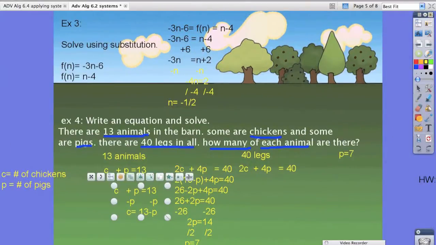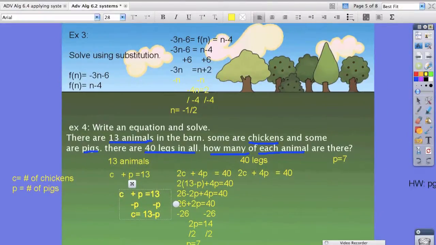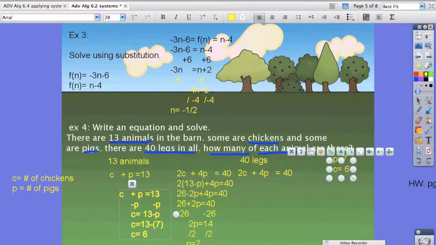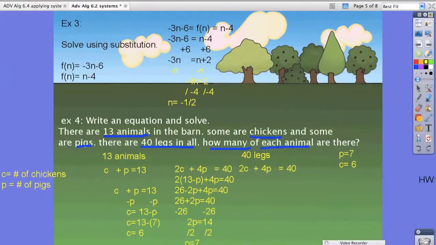And because we know we have 7 pigs, we can substitute it into our c equals equation and discover that c equals 13 minus 7. And we'll learn that we have 6 chickens. So now we know we have 7 pigs and 6 chickens.